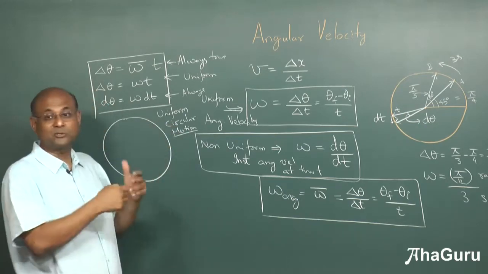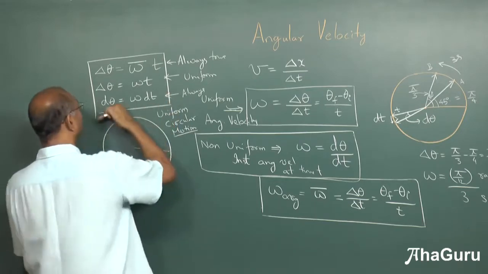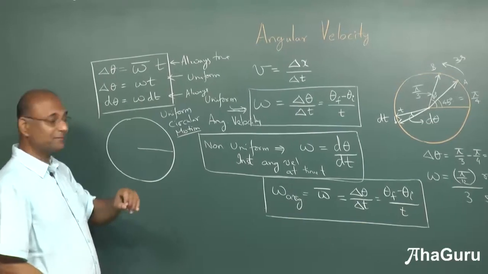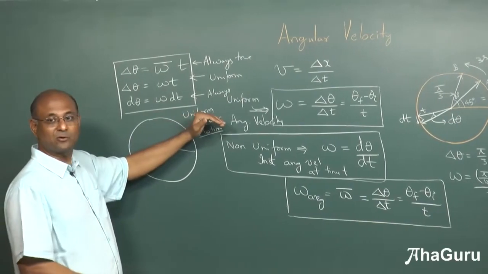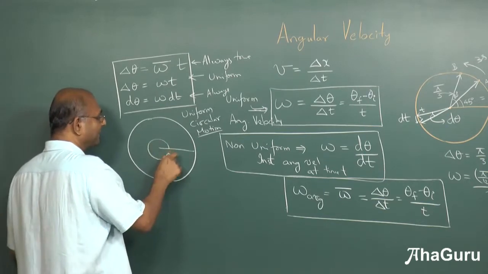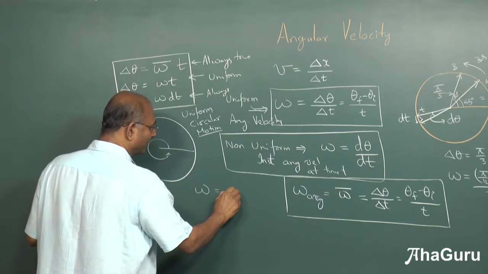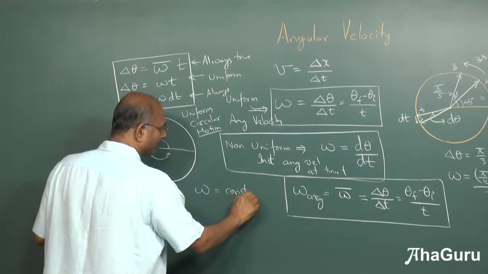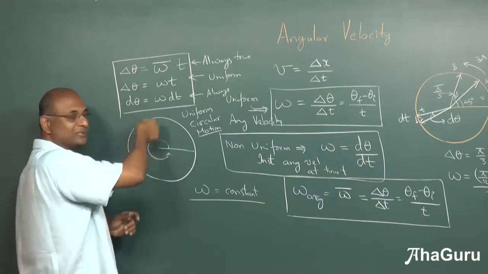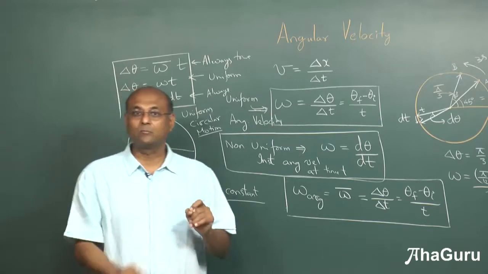In uniform circular motion, velocity is not constant. Obviously the velocity was like that, then it is going like this, it is turning. What is constant? Well, we will talk about speed and we'll talk about uniform linear speed also. But what really is constant when it is going around is the angular velocity is uniform or constant.